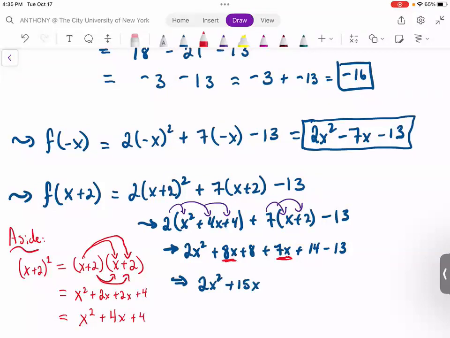Then you combine the constants. Can you combine the 8 with anything? Yeah, you can combine it with 14 and 13. So first off, what is 14 minus 13? 1. So this is a positive 1. So all I got to do is 8 plus 1, which is 9. And that will be our answer for f of x plus 2.